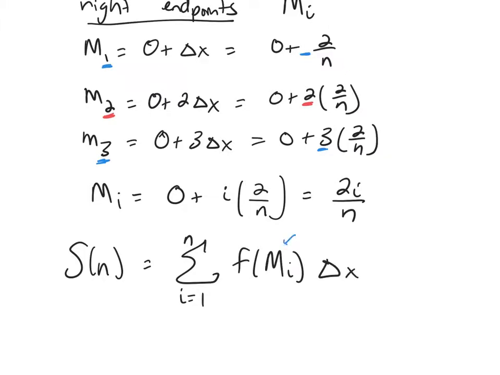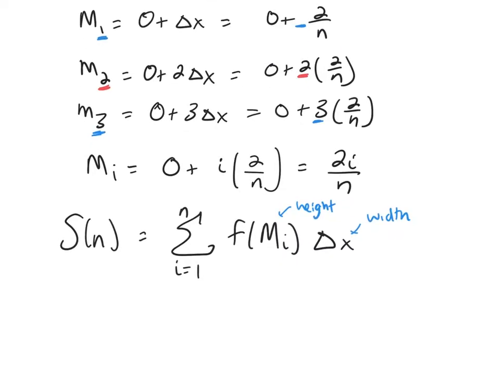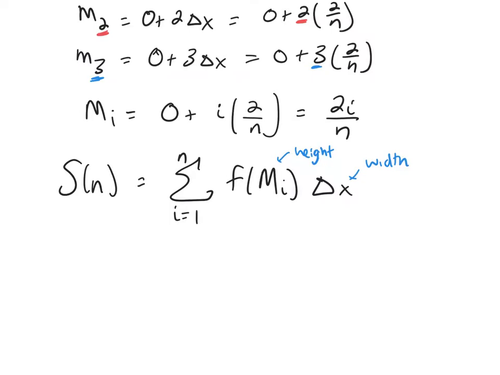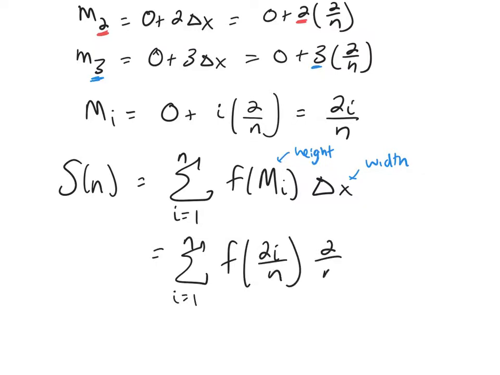So again, this is the height, and then this is the width. Oh, I had it right to begin with, sorry. The height and the width. So let's add these up here. We're going to plug in our right endpoint formula. This is f of 2i over n, and delta x was 2 over n.